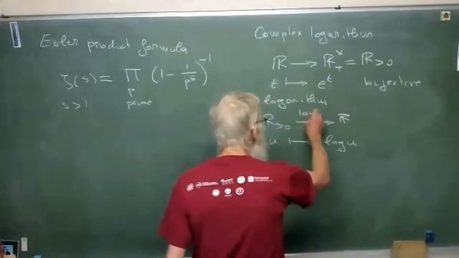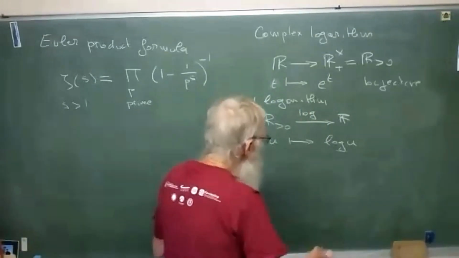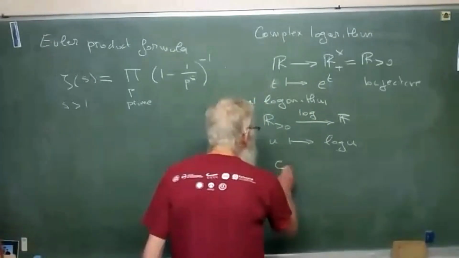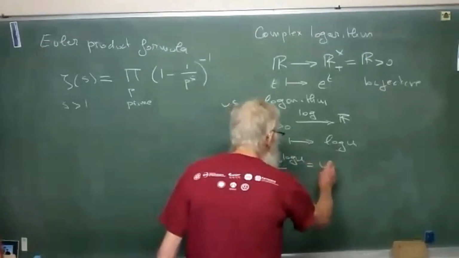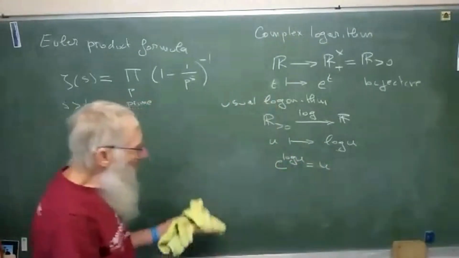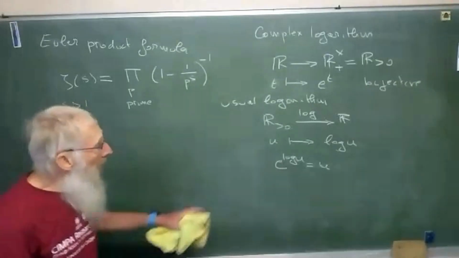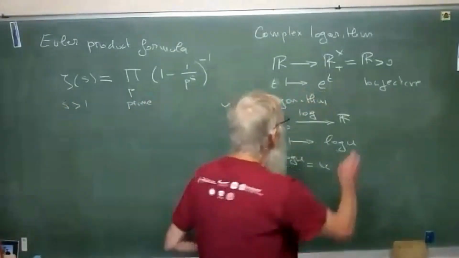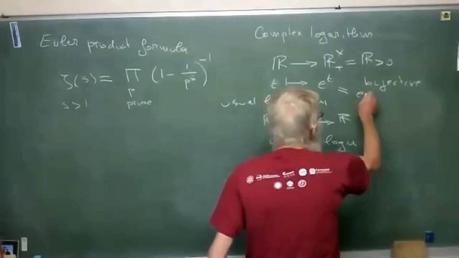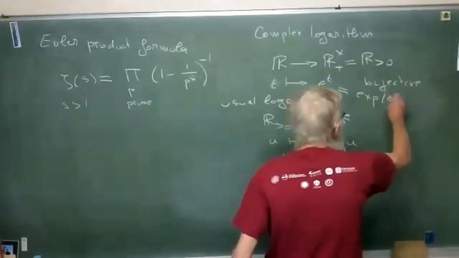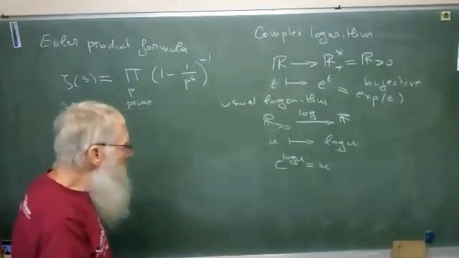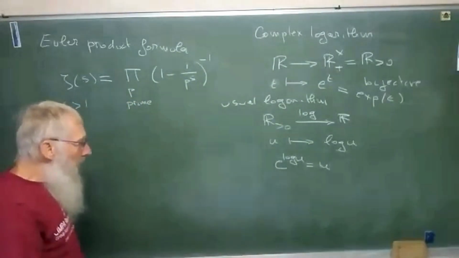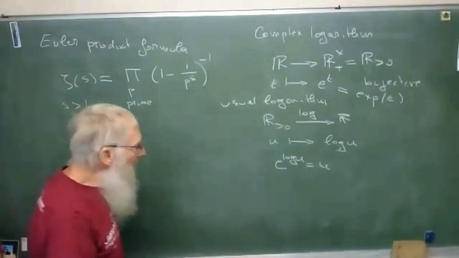So this is the usual logarithm. And by definition, the exponential of logarithm of u is u, when u is a positive real number. By the way, I use the notation e to the t, and it is the same as exponential of t. I will use one or the other. It does not matter. So this is the classical logarithm.